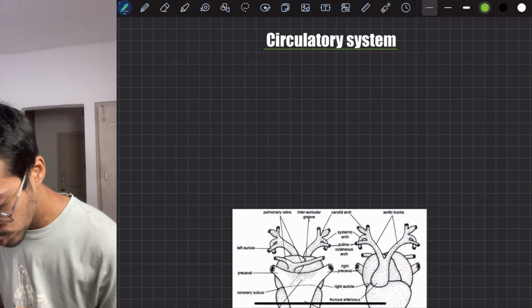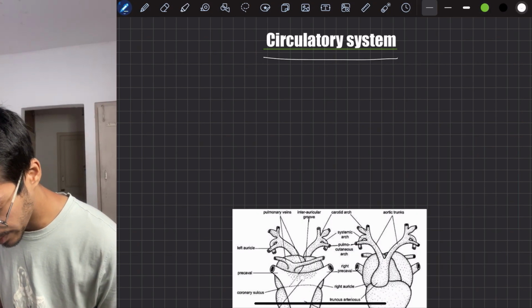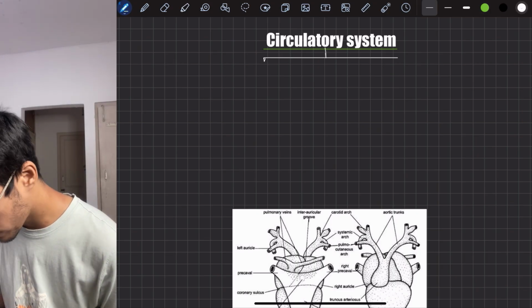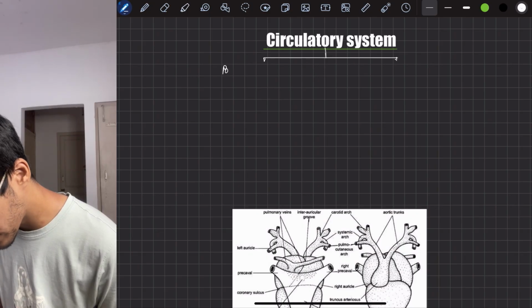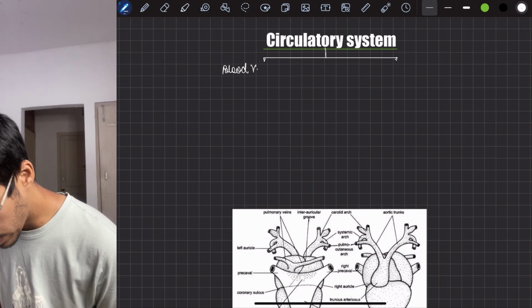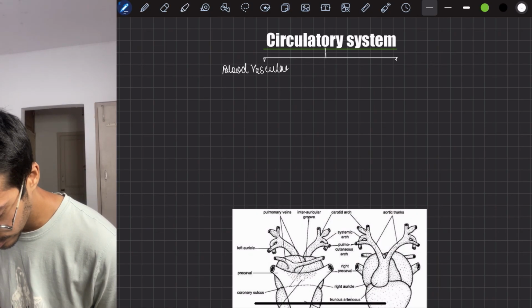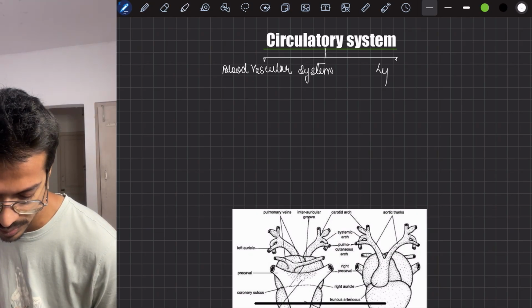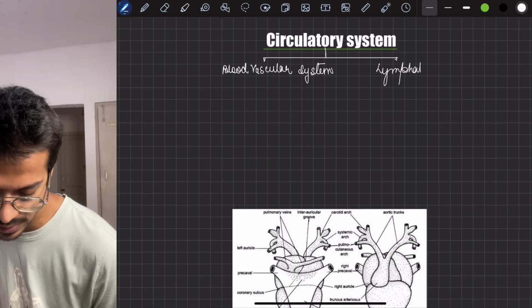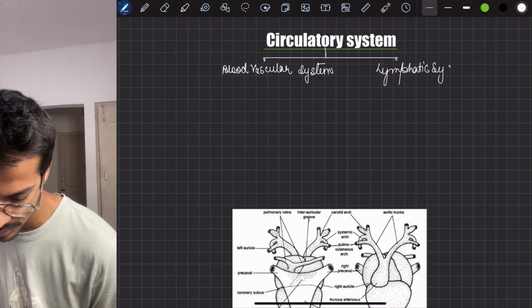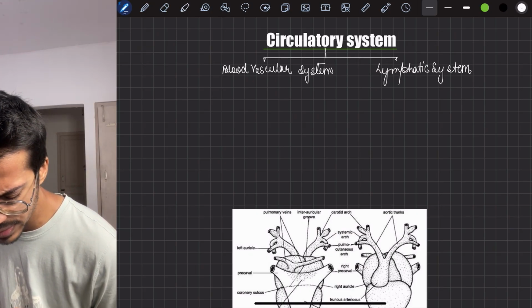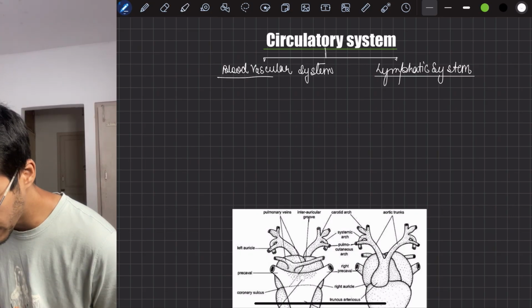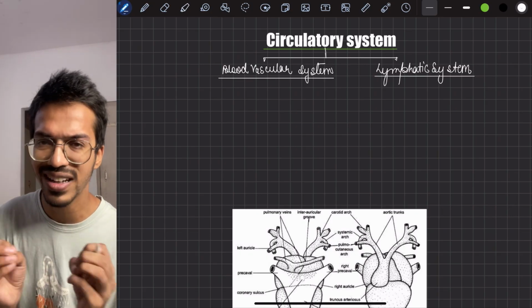Basically there are two systems we are going to study. Number one is the blood vascular system, or the lymphatic system. The lymphatic system is very small and easy to remember. For the blood vascular system, we have to remember a few facts.